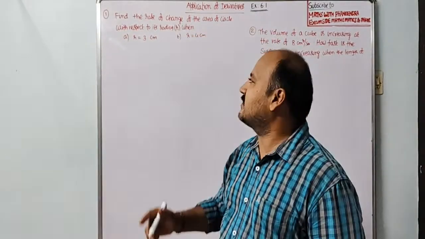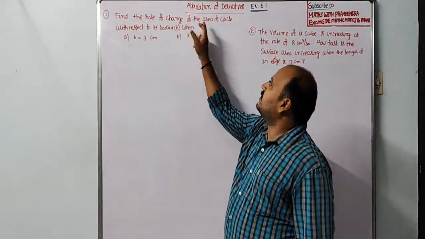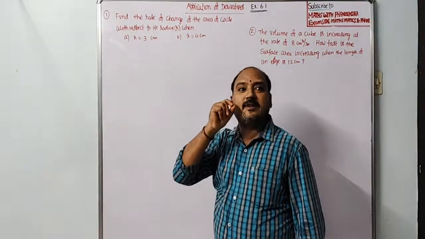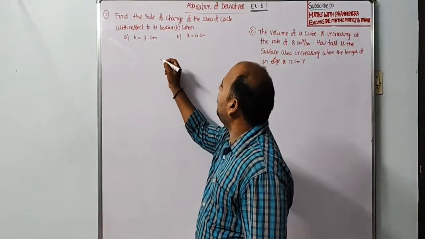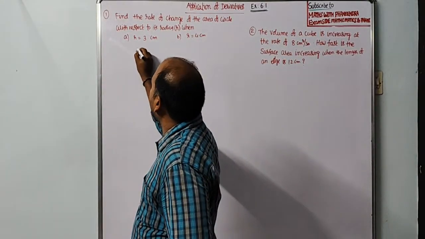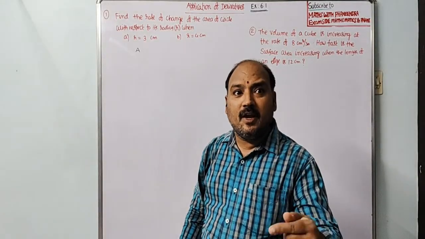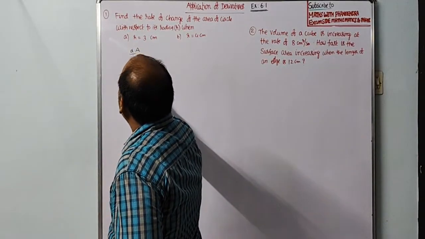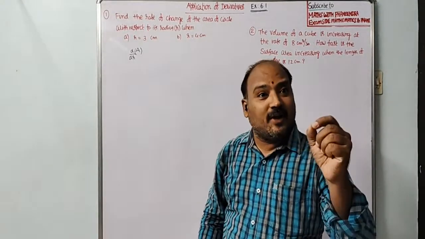Okay, let us have a discussion on the question here. Find the rate of change of the area of the circle with respect to its radius. Rate of change of area, area denoted by A. Rate of change of area with respect to radius, that means dA by dr we can calculate.